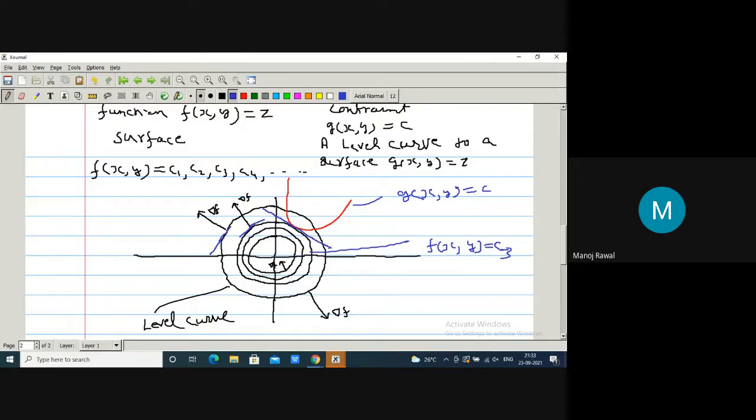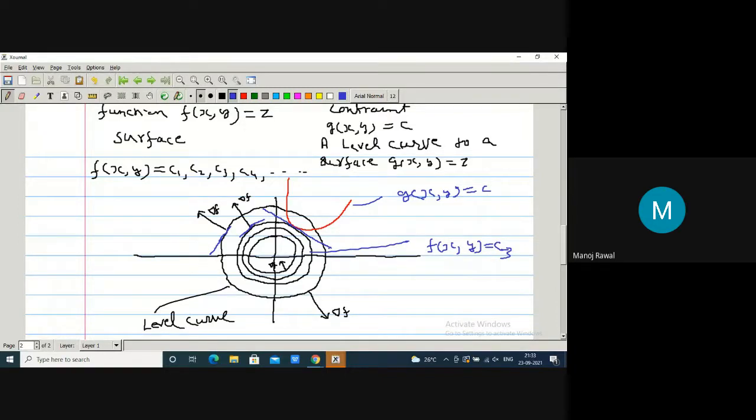Do you agree that they share a common tangent at this particular point? Yes or no? F and G have a common tangent at this point.